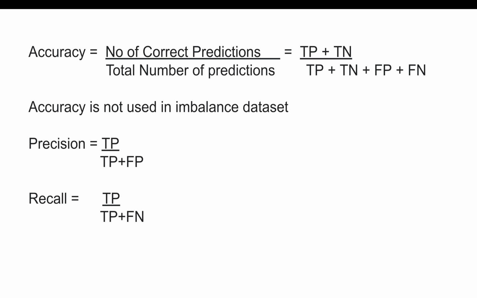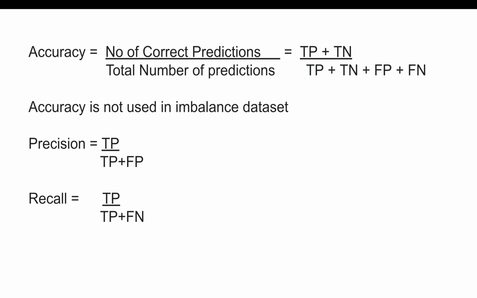So let's say spam, not spam, the same example that I took in my previous video. If an email comes and it is a spam email and your model correctly predicts it, it's fine. But if it is not a spam email and your model predicts it as spam, then it is a problem for us.